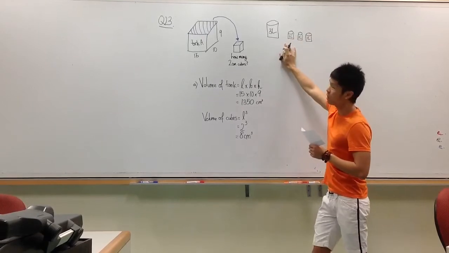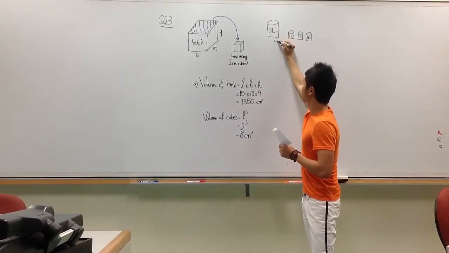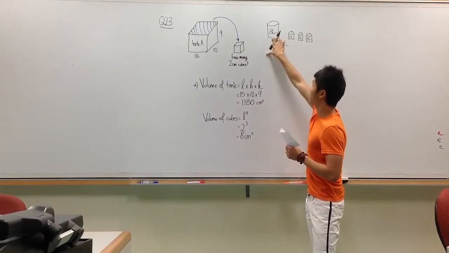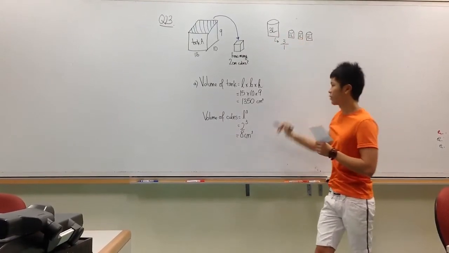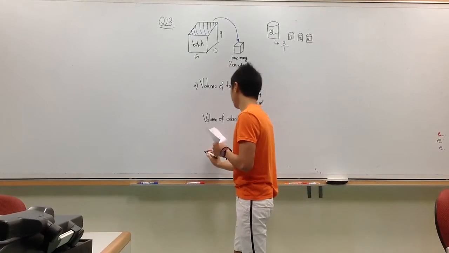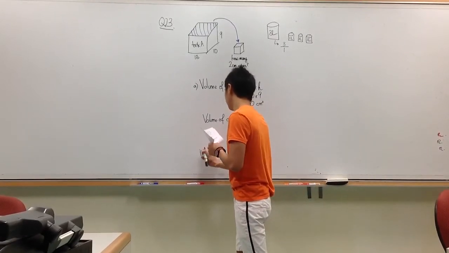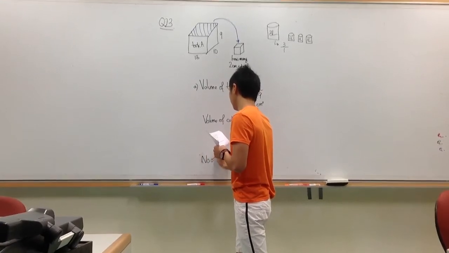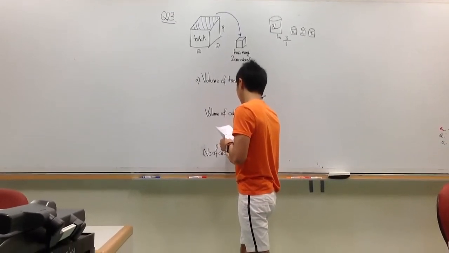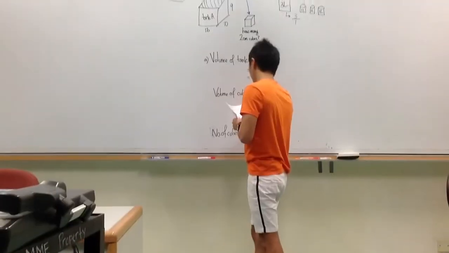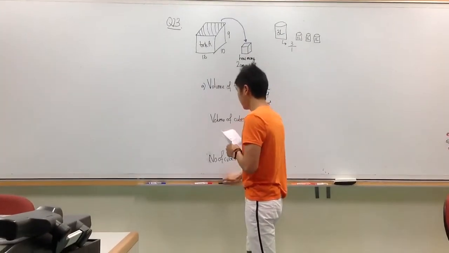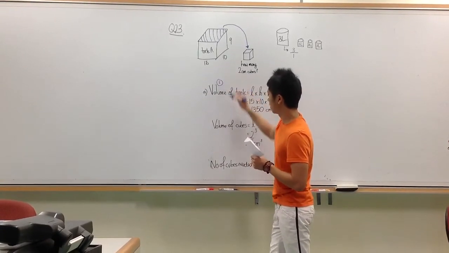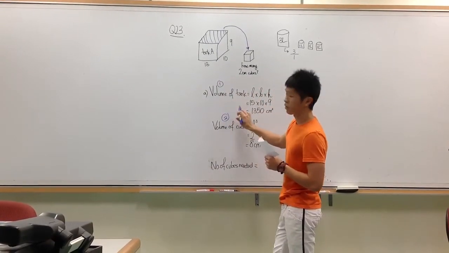And how do you get 3? You simply divide the volume of the jug by the volume of the cup. So similarly here, the number of cubes needed will be this volume here divided by the volume of the cubes.